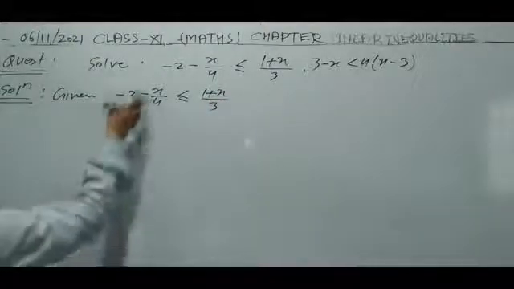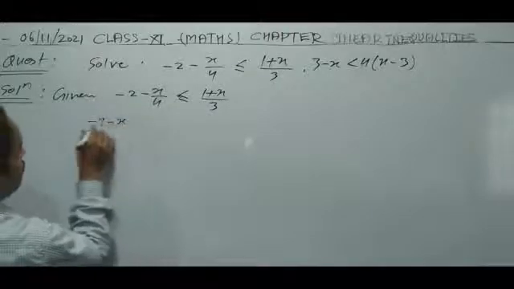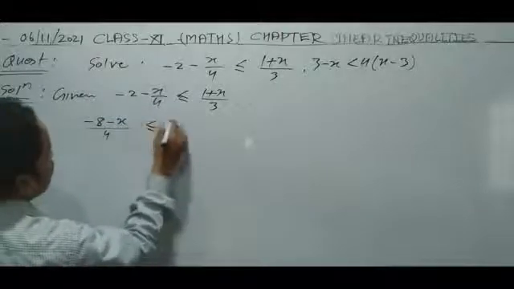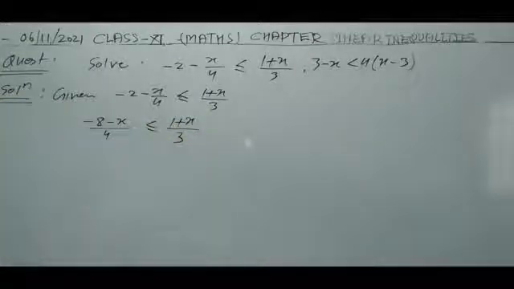Now this one, when we solve by using LCM, so minus 8 minus x by 4 is less than or equal to 1 plus x by 3. This is our expression.